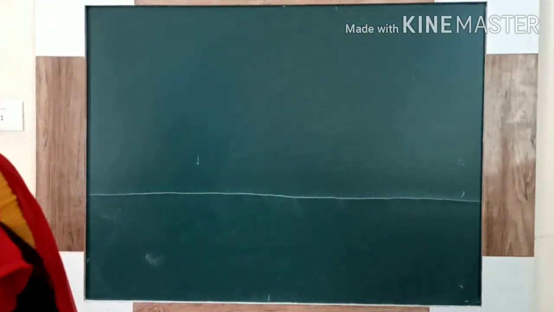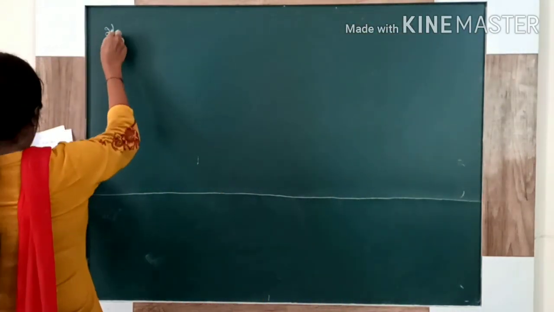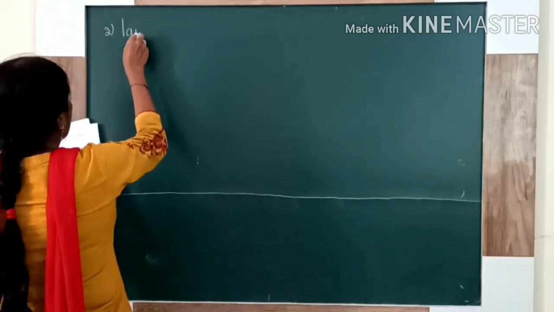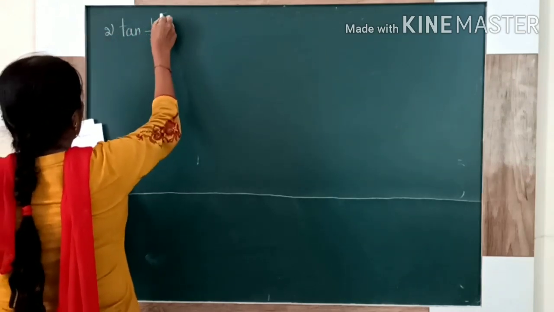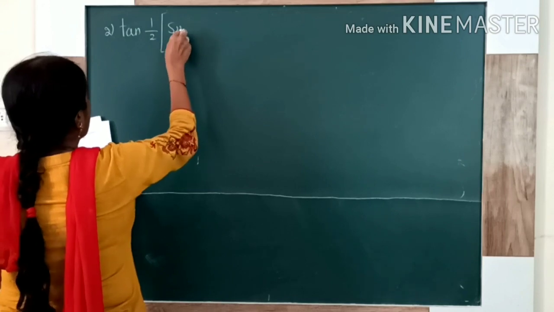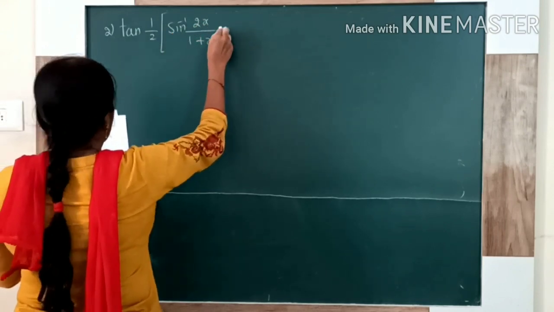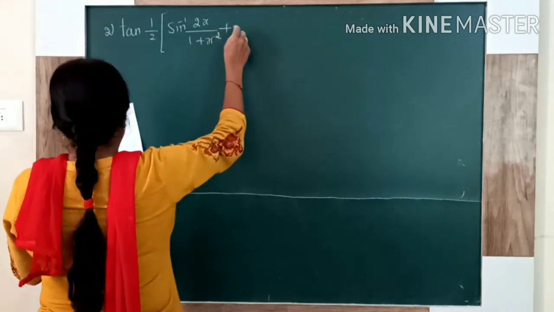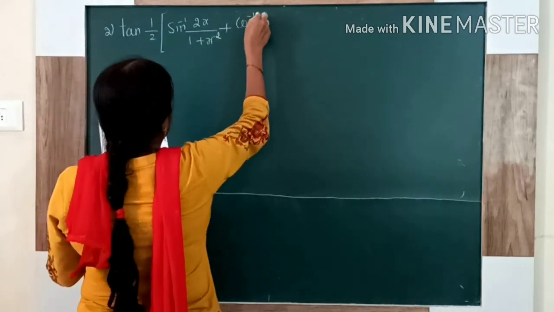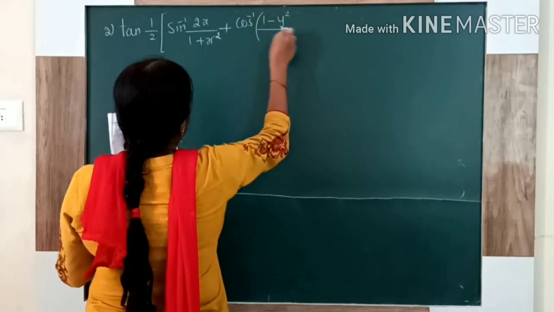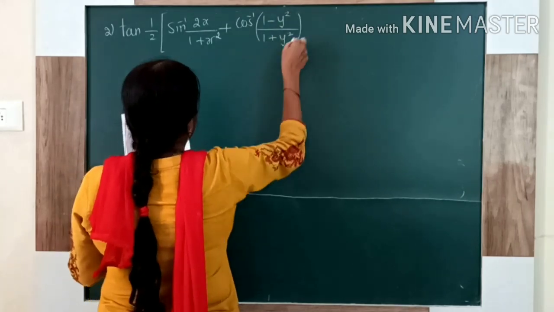In the same category, find the value of the following. Second one: tan of 1 by 2 sin inverse 2x upon 1 plus x square plus cos inverse 1 minus y square upon 1 plus y square.